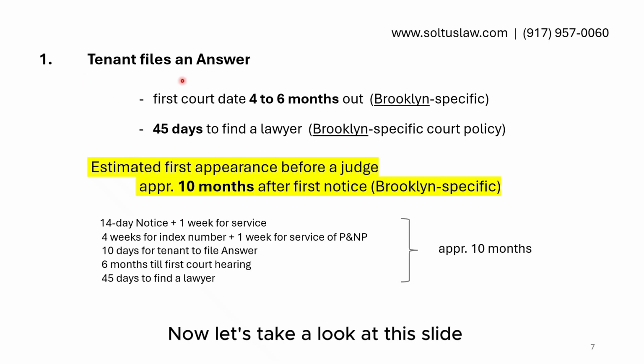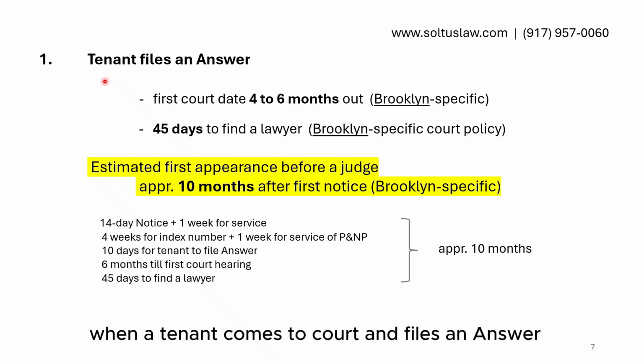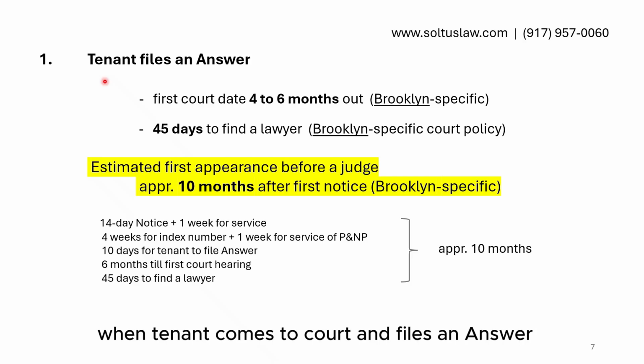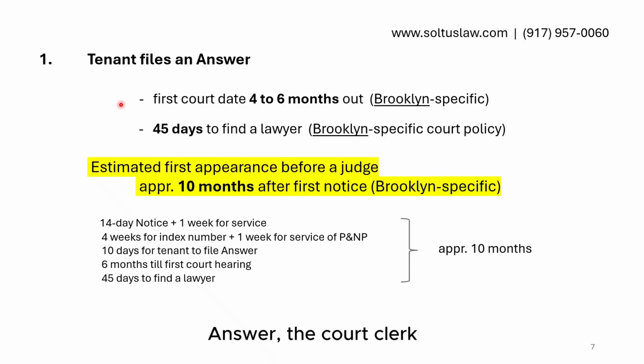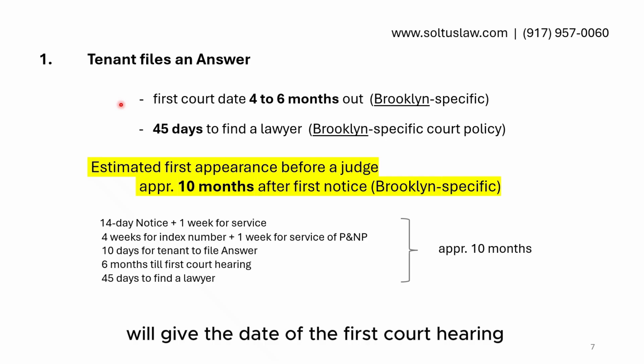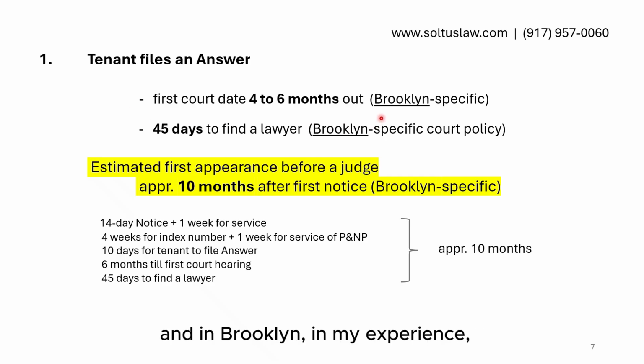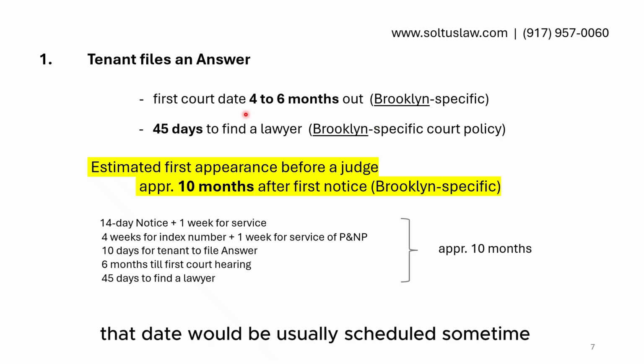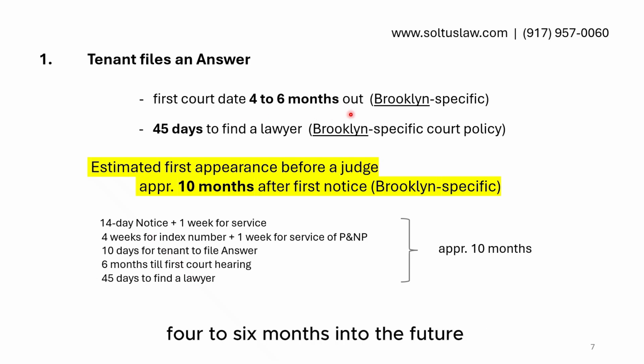Now let's take a look at this slide. This slide shows the first scenario, when a tenant comes to court and files an answer. When the tenant comes to court and files an answer, the court clerk will give the date of the first court hearing. In Brooklyn, in my experience, that date would usually be scheduled sometime 4 to 6 months into the future.